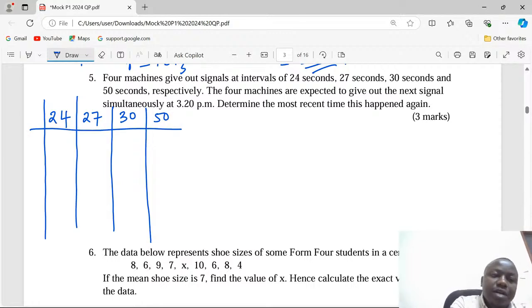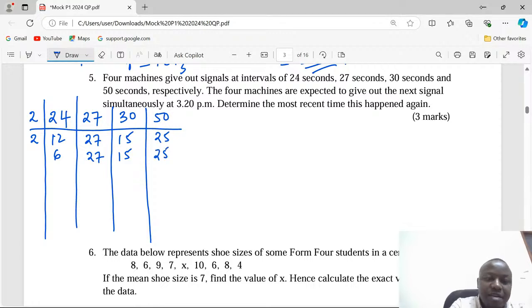We can start with the least prime factor 2: 12, 27, 15, 25. By 2 again, I'm having 6, 27, 15, 25. Then by 2, 3, 27, 15, 25.